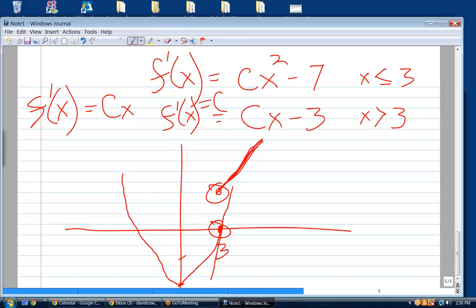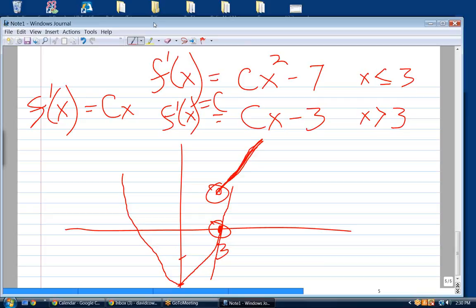Let's see. Can we figure out the intercepts on this top function? We know it's going to have two x-intercepts. Does that do us any good? Not really.